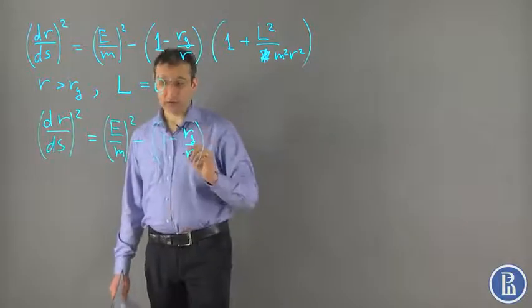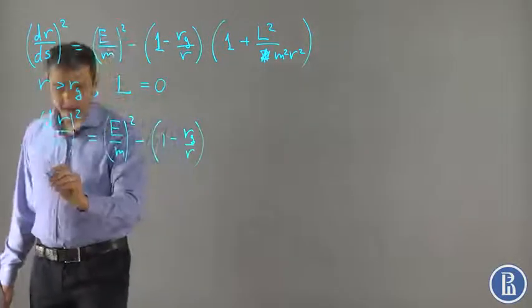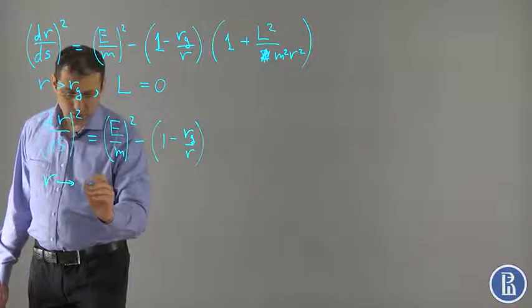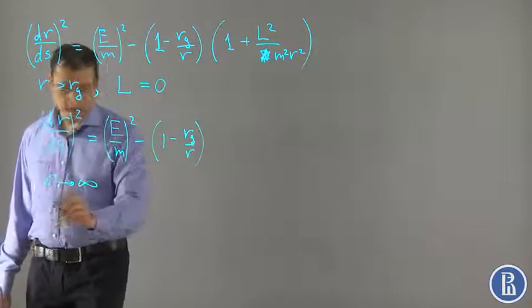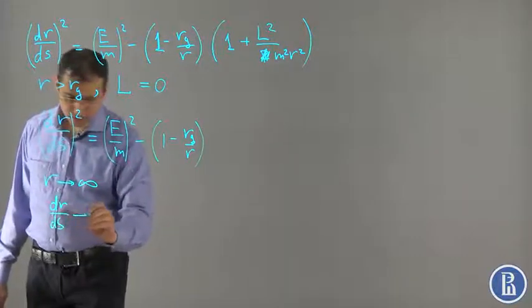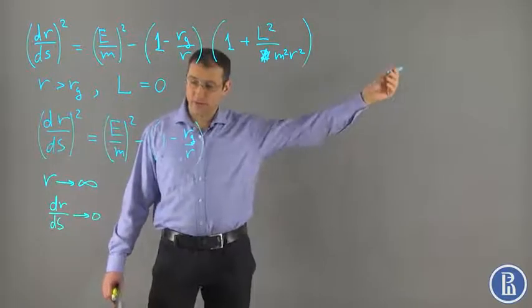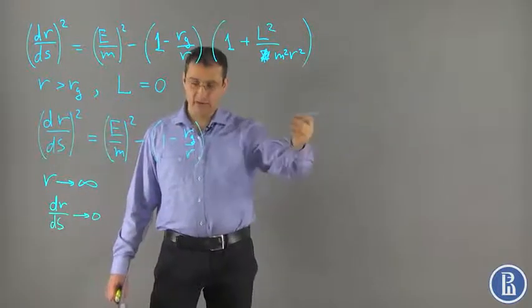Without loss of generality, we want to consider the situation where, as r goes to infinity, dr/ds goes to 0. It means that the particle started its free fall at infinity with 0 velocity.